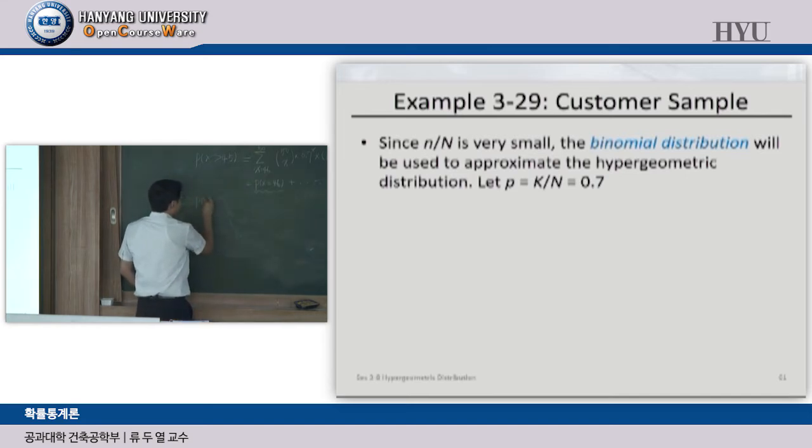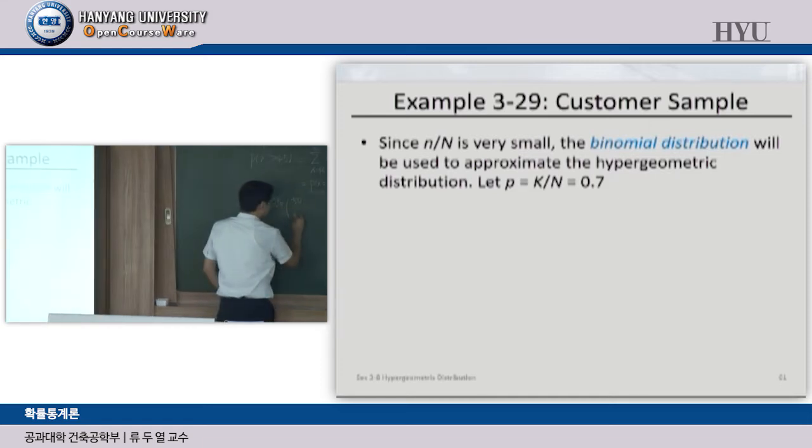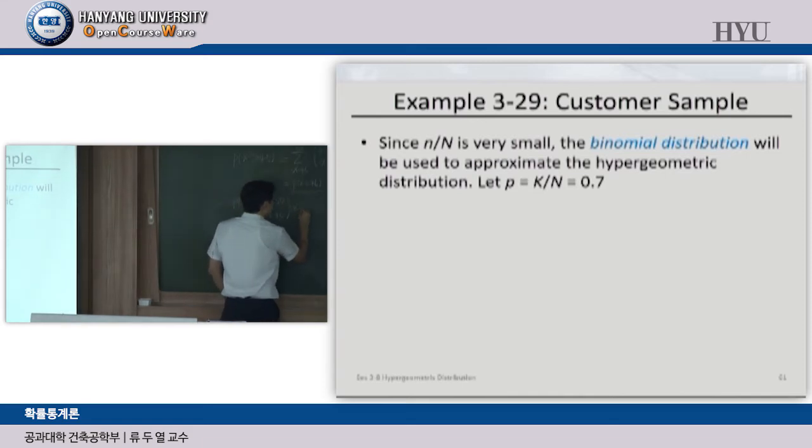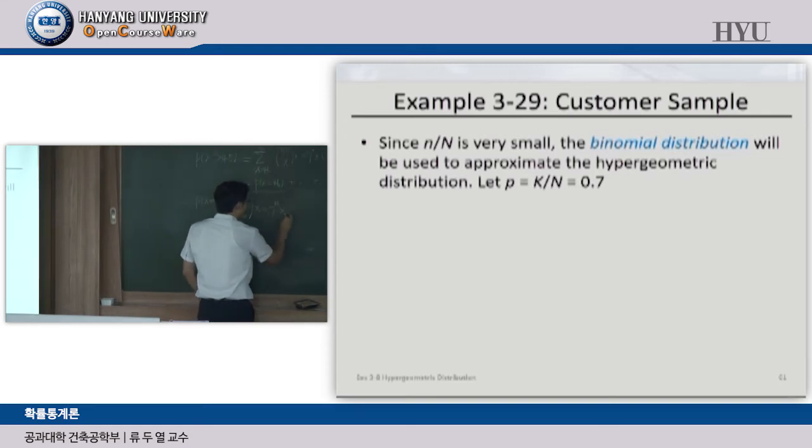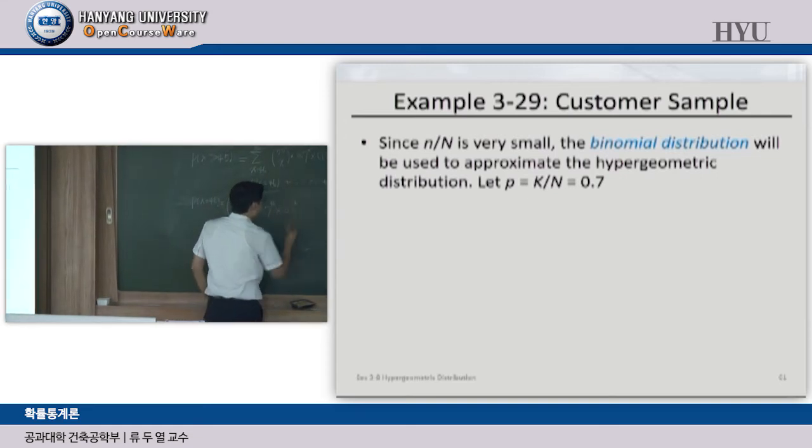The probability of X when X is equal to 46, that is 50 choose 46 multiplied by 0.7 to the 46th power multiplied by 0.3 to the 4th power.